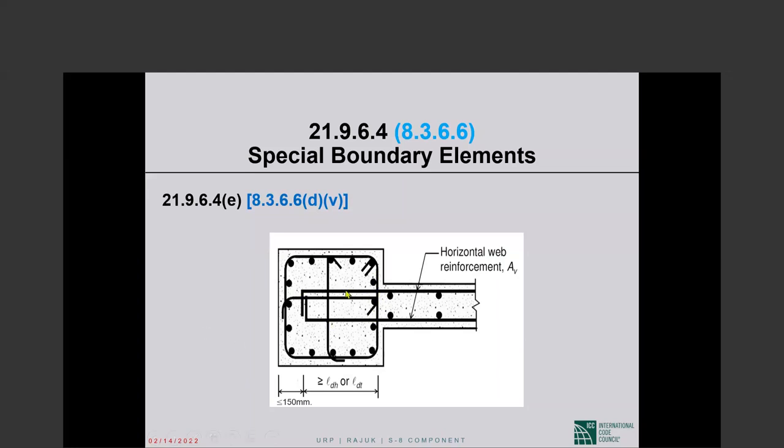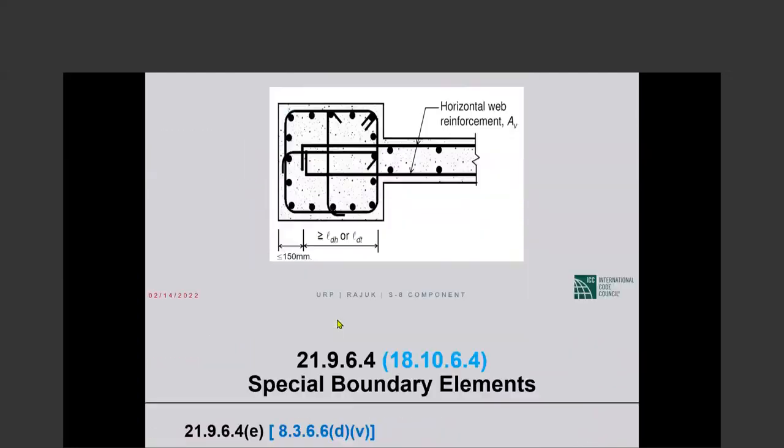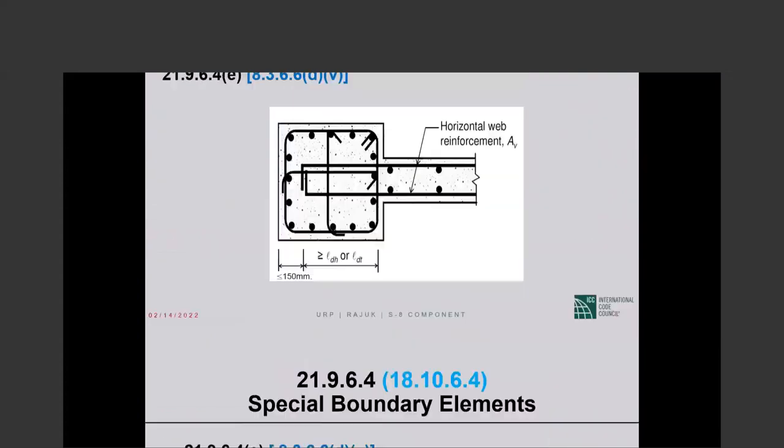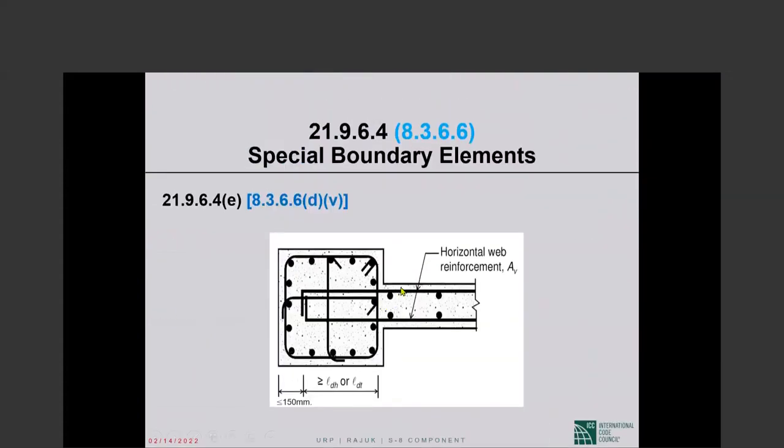Now let us say L sub dh comes only up to here, or L sub dt comes only that far. ACI 318 says even if that happens, bring the hooked bar to within 6 inches of the end. Okay, you bring it close to the end of the shear wall, keeping sufficient cover, but do not make this distance from the end of the hook to the end of the wall more than 6 inches.